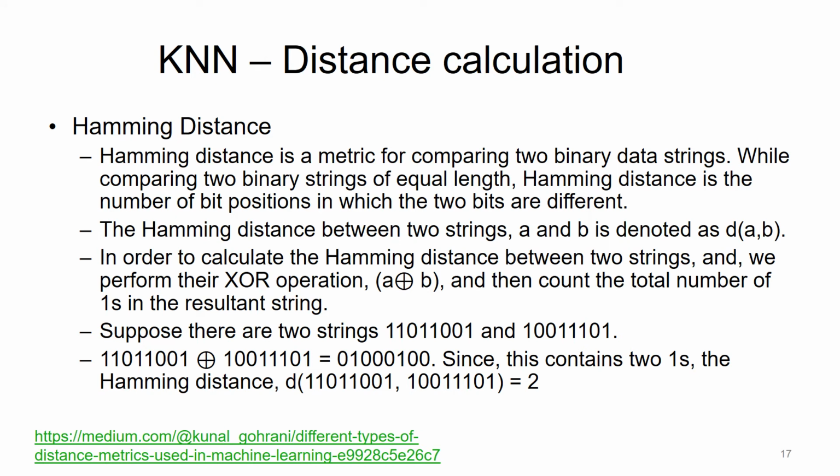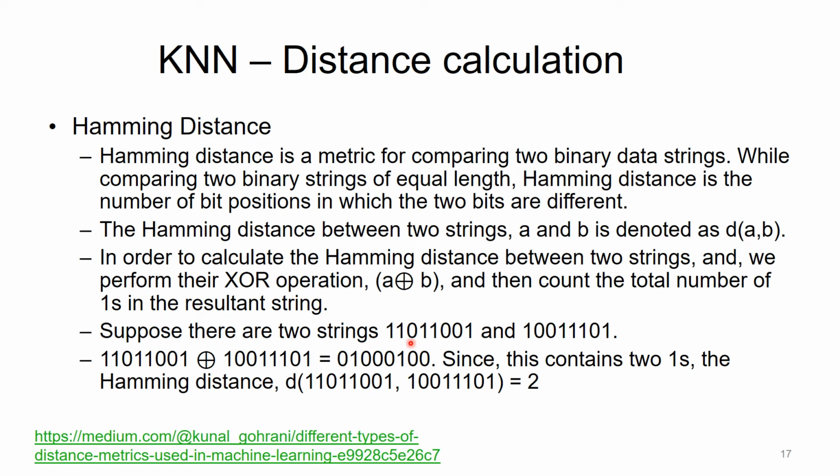Finally, Hamming distance. I think you should be familiar with this from information theory. It's a metric for comparing two binary data strings. While comparing two binary strings of equal length, Hamming distance is the number of bit positions in which the two bits are different. How do you calculate it? A simple XOR operation will do.